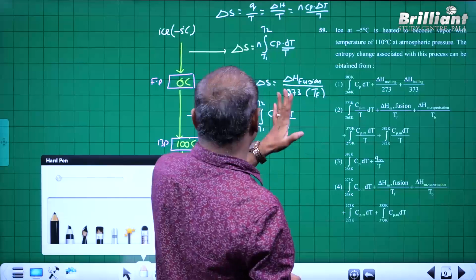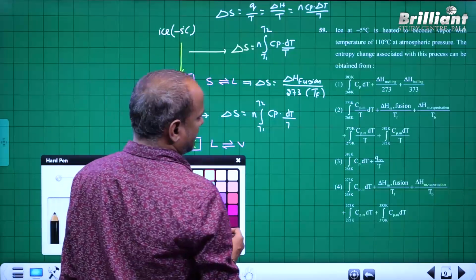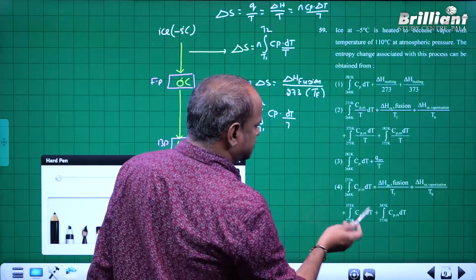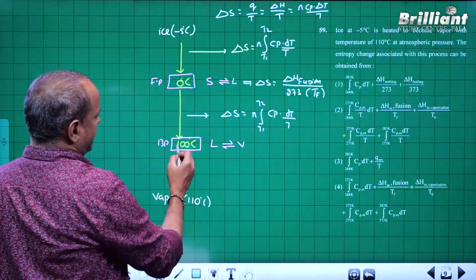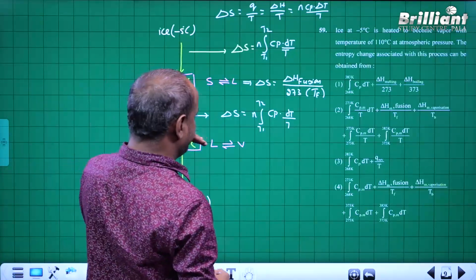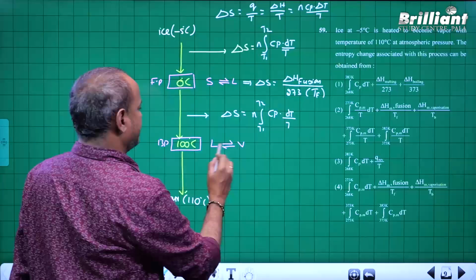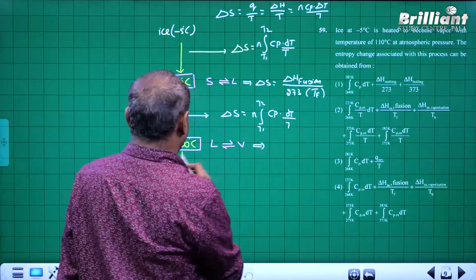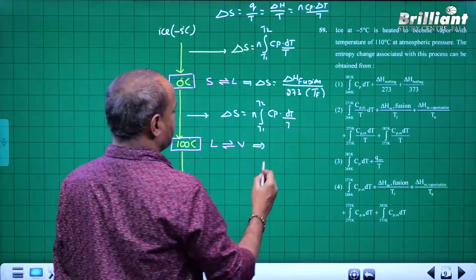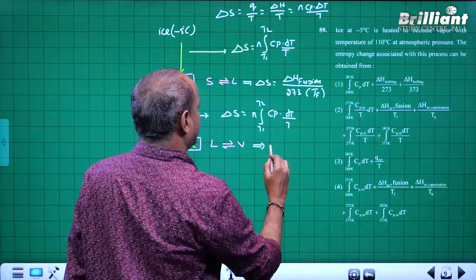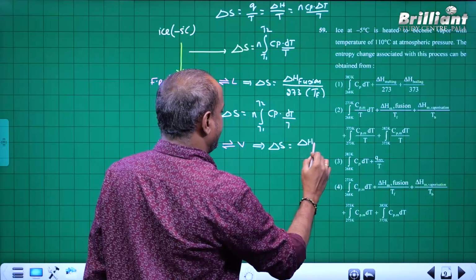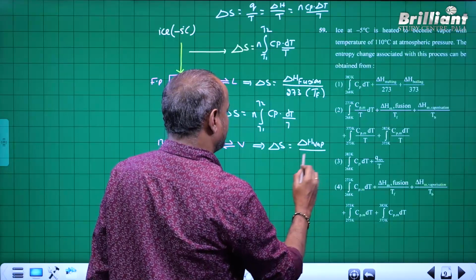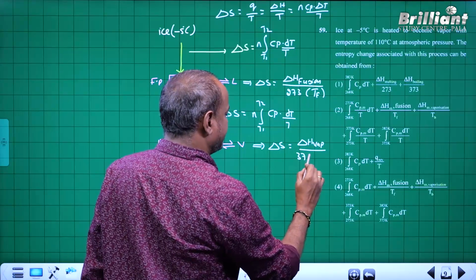Molar is given, so n is 1 mole only. 273 to 373. Next, this one is vaporization, a phase change. Delta S equal to delta H vaporization by boiling point, 373.